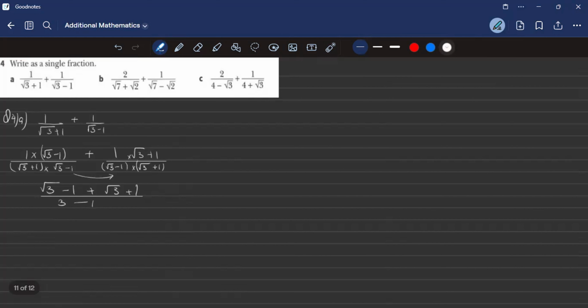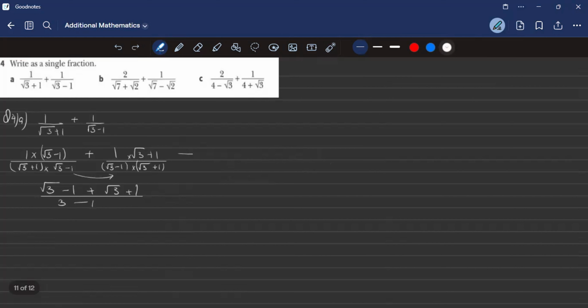So basically this simplifies to under root 3 minus 1 divided by 3 minus 1, plus under root 3 plus 1 divided by 3 minus 1. As the denominators are the same, we can just write them as a single fraction. That's the basic rule of math, if you don't know that.